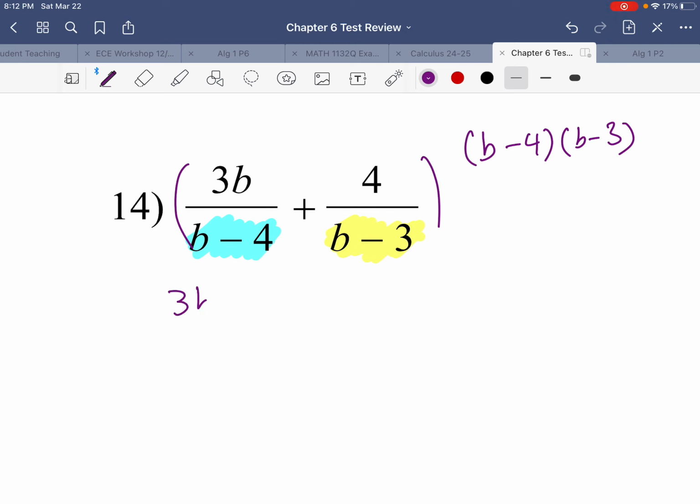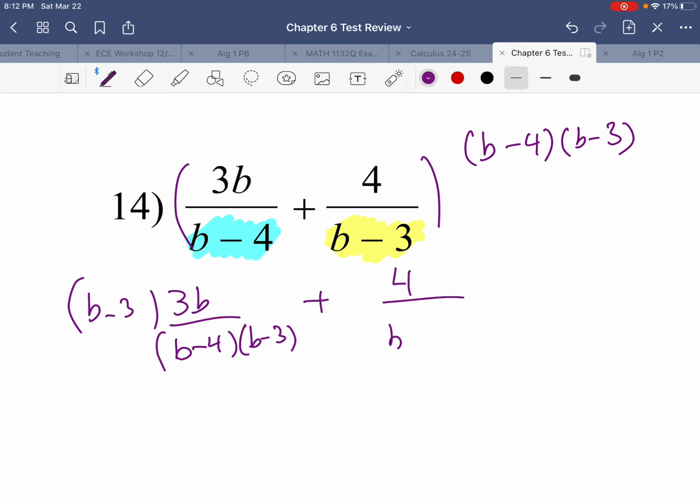So this is going to look like 3b over b minus 4, and I'm going to multiply times b minus 3. 4 over b minus 3 times b minus 4 over b minus 4.